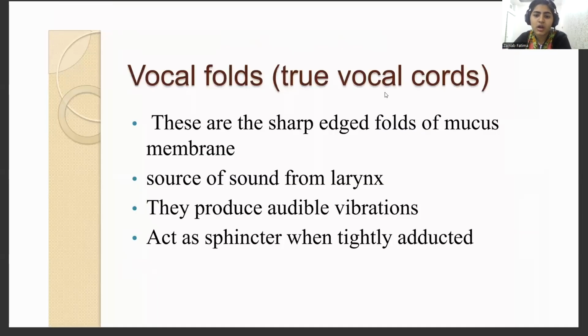These are sharp-edged folds of mucous membrane, the source of sound from the larynx. They produce audible vibrations and act as sphincters when tightly adhered. When we speak, it will produce vibration which we are able to hear.